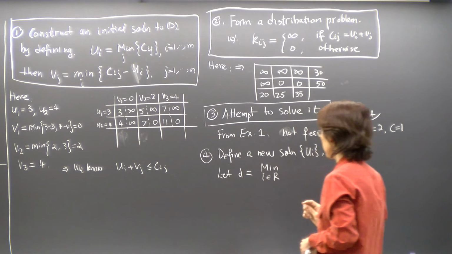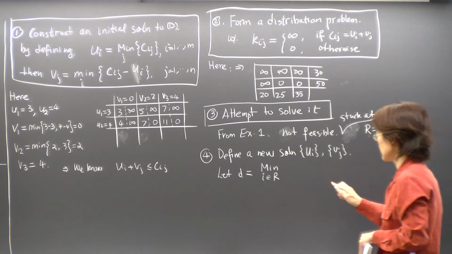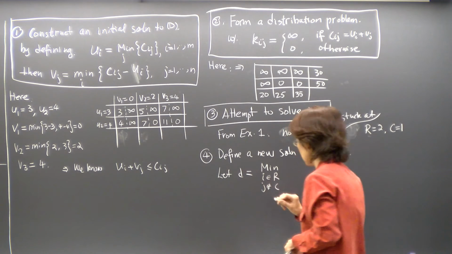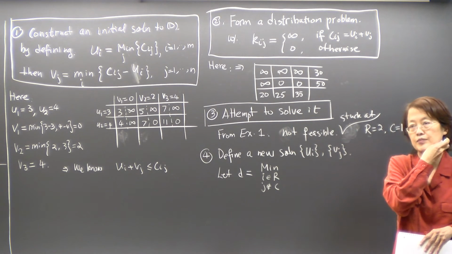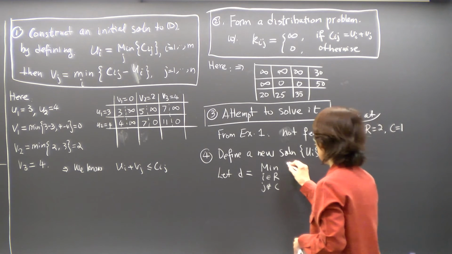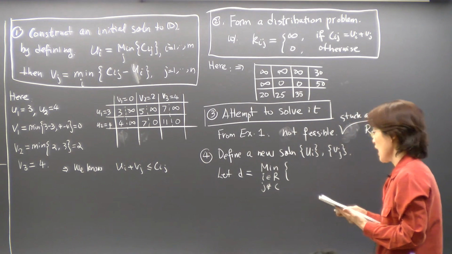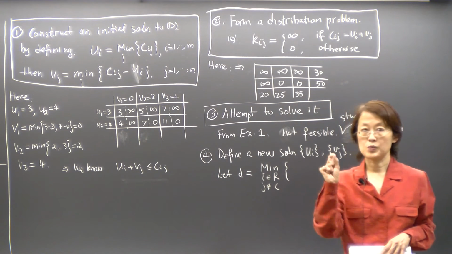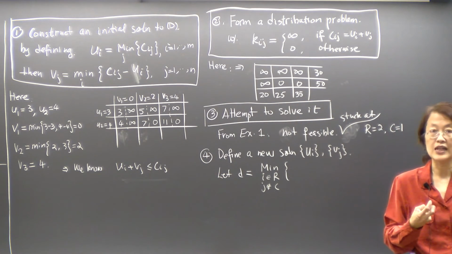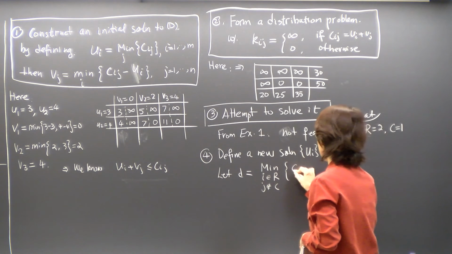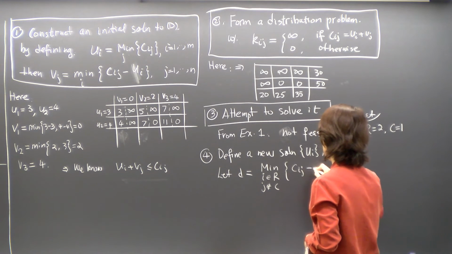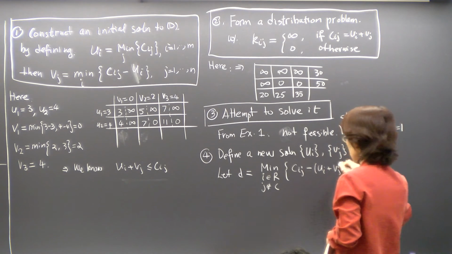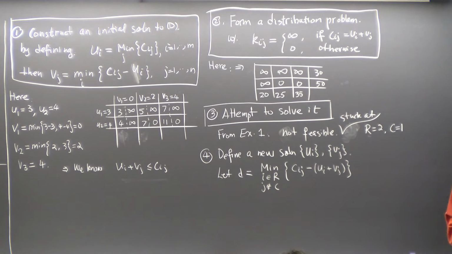Then I want to compute how much the constraint is not met at those places, basically the slack: Cij minus ui plus vj.